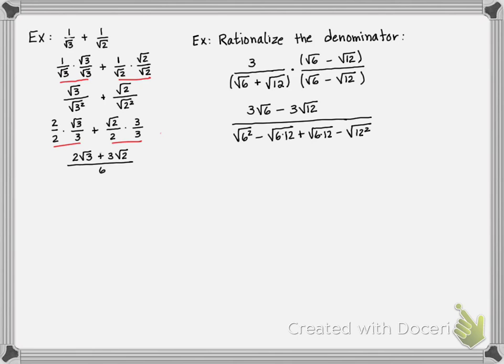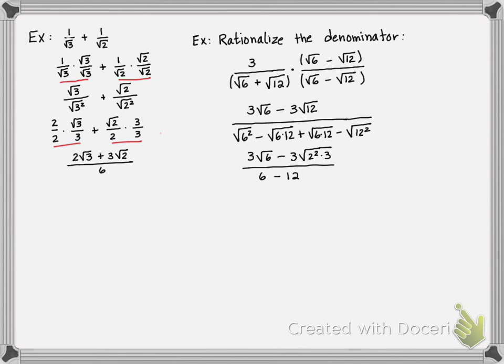So in the numerator, notice that the square root of 12 can be simplified. So we would do 2 squared times 3 here. And then this is 6 minus 12.